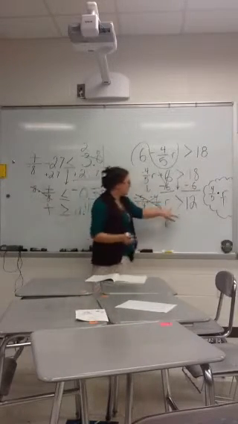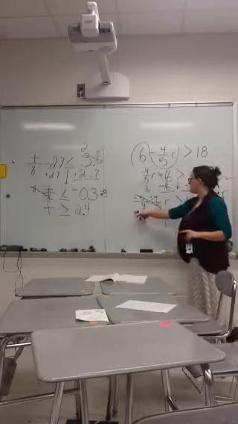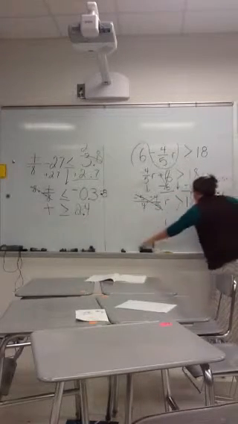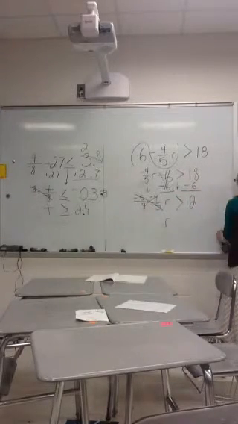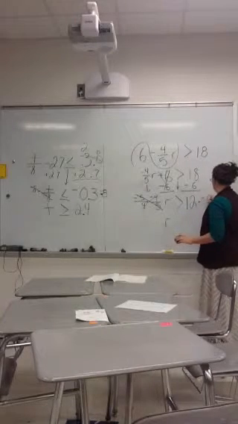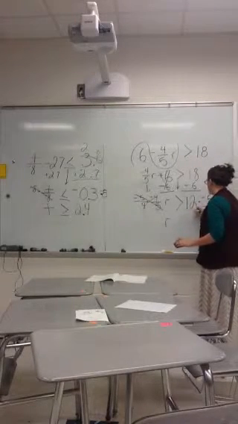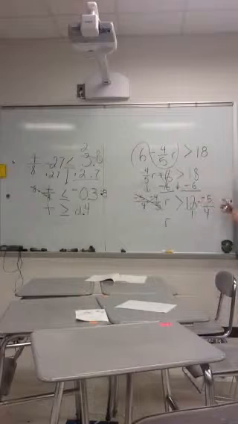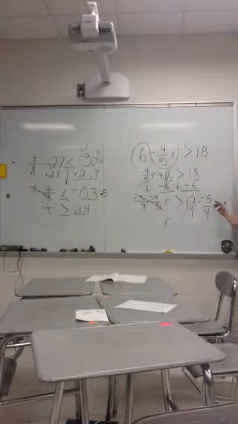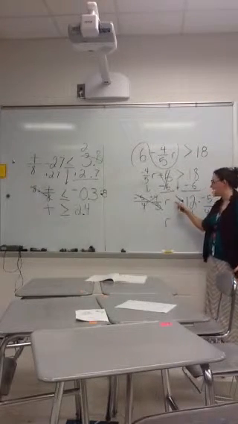Now, since we have multiplied by a negative on both sides, we're fixing to multiply by that negative 5/4 on this side. Since we're multiplying by a negative, that means that we're going to change our sign. We're going to flip it.